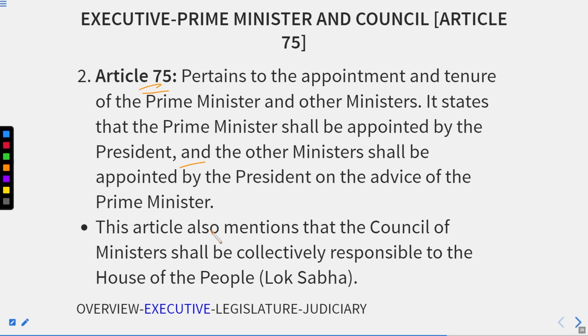Okay, like the Prime Minister advises whom we should appoint as a minister and whom should be given the charge of that particular ministry. Alright, these articles also mention that the Council of Ministers shall be collectively responsible to the House of the People.